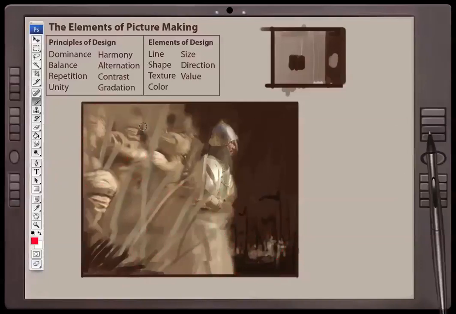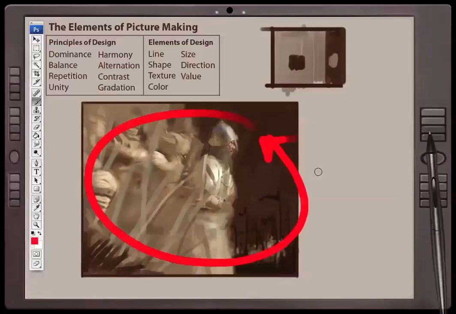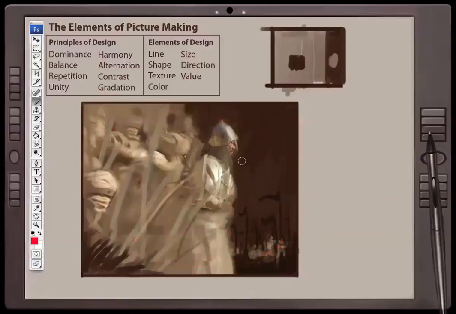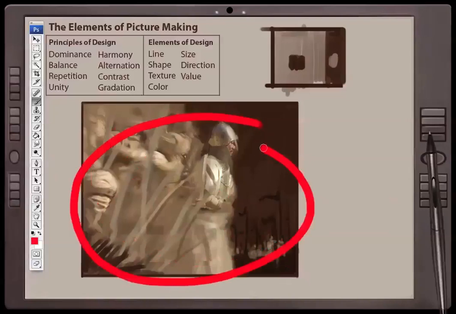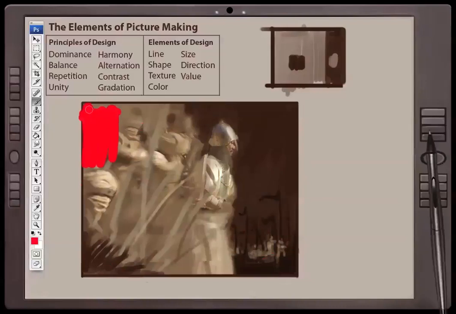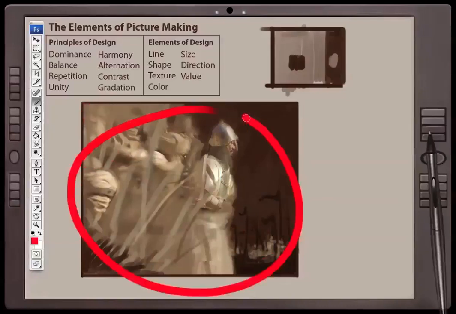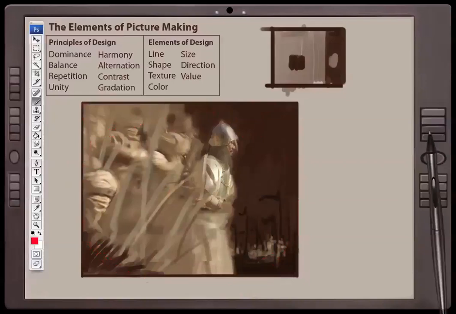And when the values are similar and distributed around the picture area, then harmony is the result. It's this distribution of the elements of design around the picture area so that they are seen not in just one place, but all around the picture area, that establishes balance, and therefore harmony and unity.